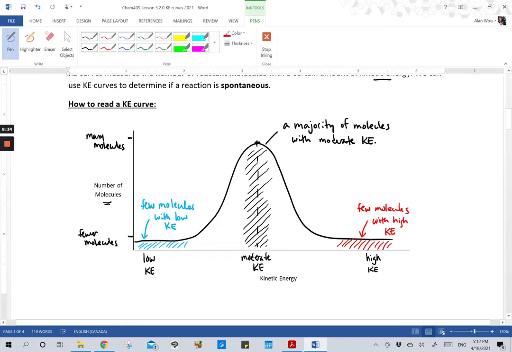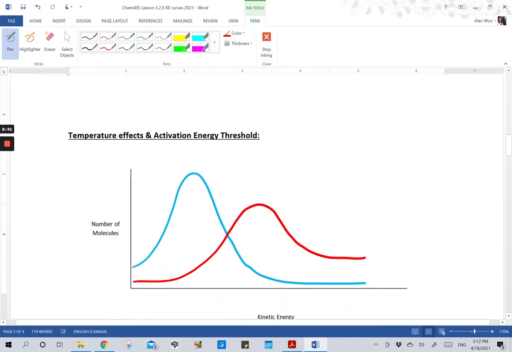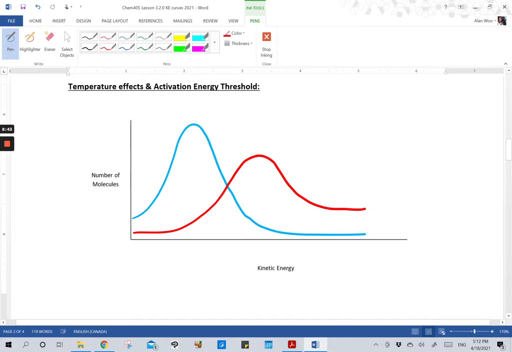So let's go down to the next diagram. So this diagram here, we have two kinetic energy curves. Notice that, again, we have number of molecules on the left and kinetic energy at the bottom.